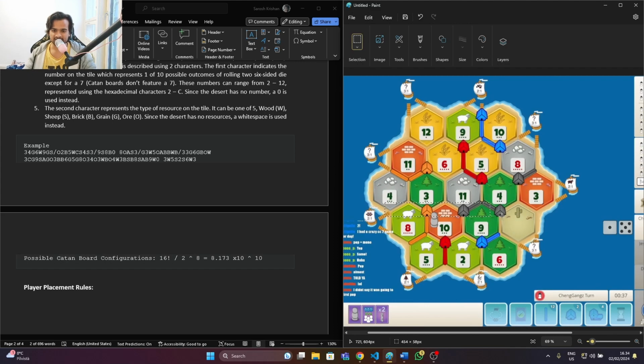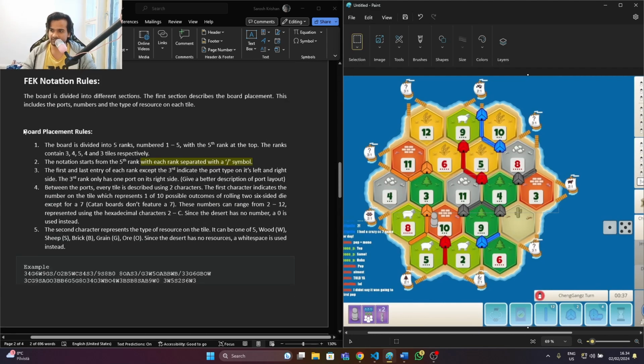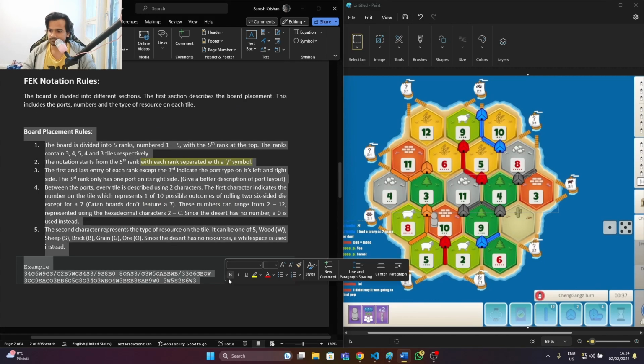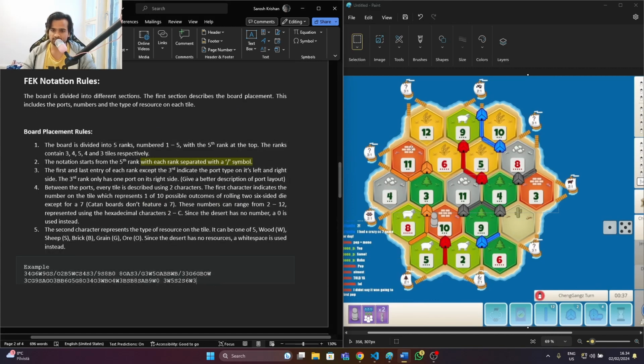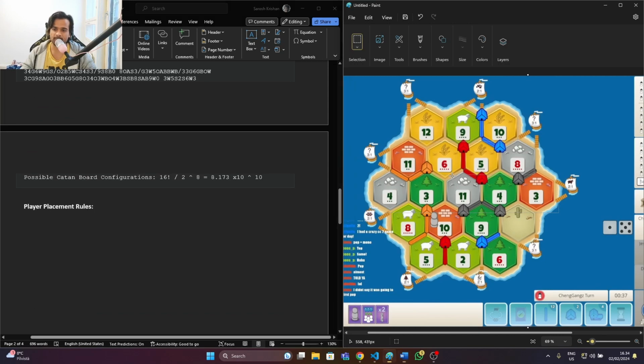First, for the tiles, we were dividing them into 5 ranks. So this is 1 rank for 3 tiles, and this is 1 rank for 4 tiles. But now I'm dividing them even more into more ranks. So for this section of the whole thing, we use 5 ranks.